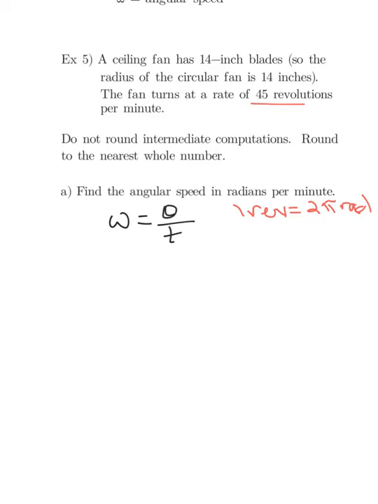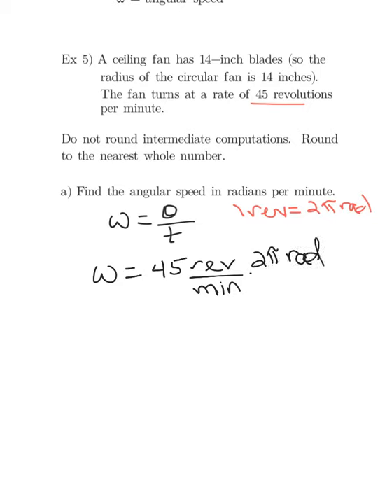So what we have to think about is that we are doing 45 of those 2 pi's. So we need to, just for omega, take 45 revolutions per minute times the 2 pi radians, because we are doing 45 of those 2 pi's. And when you say of like that, you multiply. As soon as you take revolution times radians, revolution goes away.